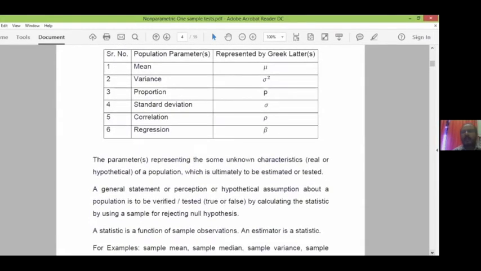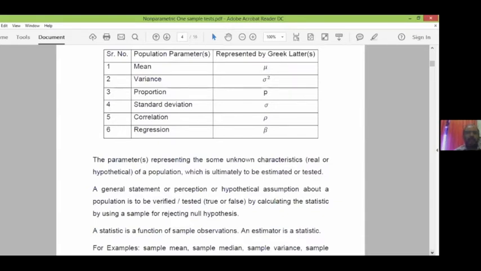For example, I have tabulated here the population parameters. These are called population parameters, represented by the corresponding Greek letters: mu, sigma square, and proportion p, rho, and sigma (standard deviation), regression parameter beta, and correlation rho.